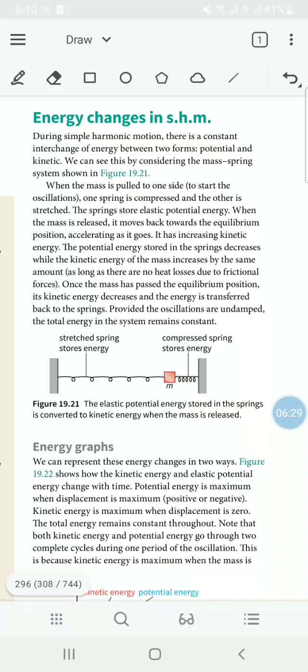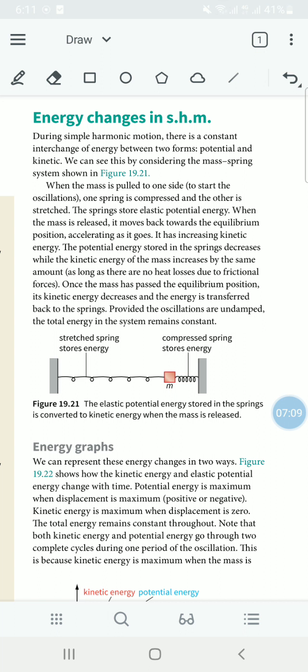Write down: energy changes in SHM. During simple harmonic motion, there is a constant interchange of energy between potential energy and kinetic energy. Then please pause the video and draw this figure 19.21. After you have drawn it, please write this.